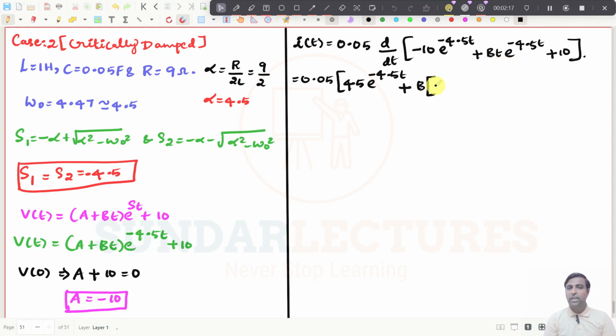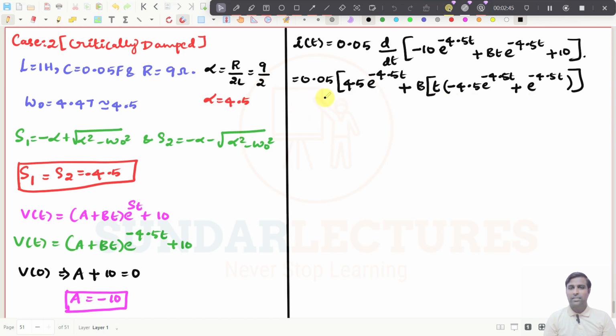If you are keeping u as it is, and then differentiate this v, you will get minus 4.5 e power minus 4.5 t plus, and then you have to keep this 4.5 t as it is, and if you are differentiating this with respect to t, it will be 1, so you will not get anything. So this value, and then this is 0, right?